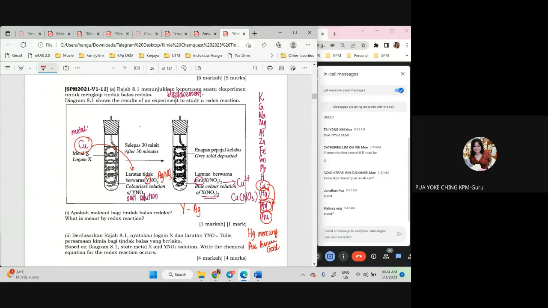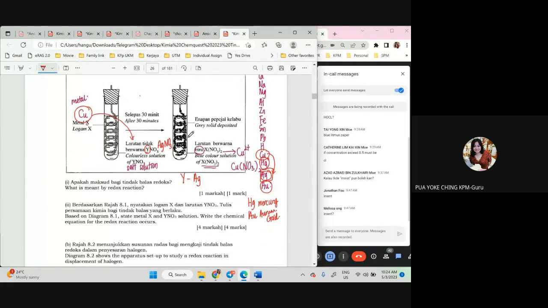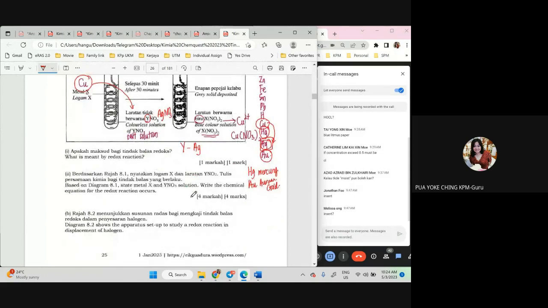So, soalan A ni, dia hanya tanya siapa X, siapa Y, and then tulis persamaan kimia. So, X is Cu, Y is AgNO3, and then you write the equation Cu + AgNO3 produce Cu(NO3)2 + Ag, balance equation 2, 2.